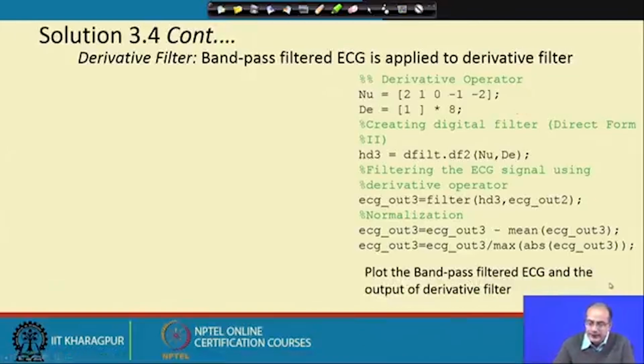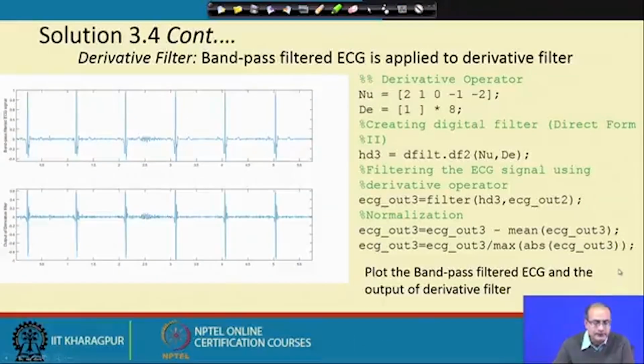So, with that we get the cycles of the output of the derivative filter, and we can see that the signal waveform is much more changed. However, now the QRS complex has become more prominent and probably more symmetric than the previous one.